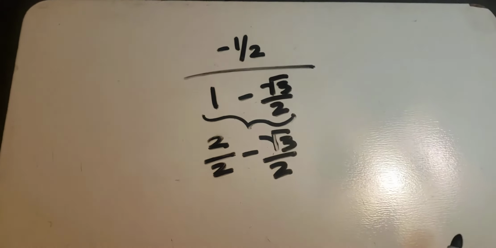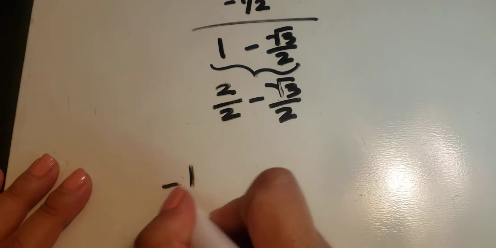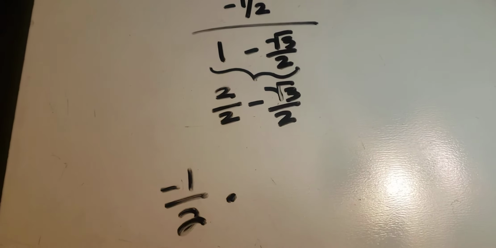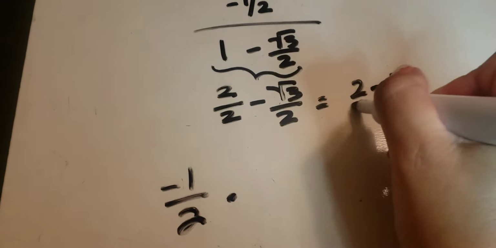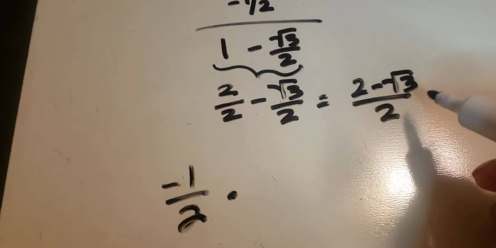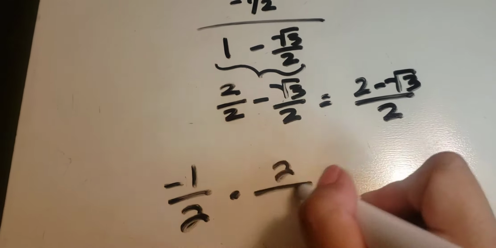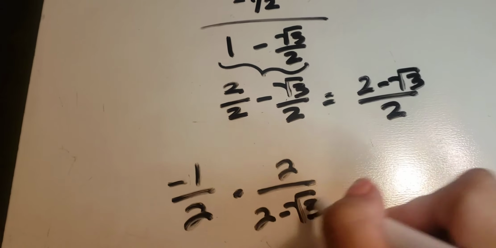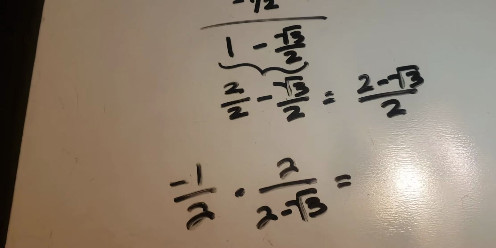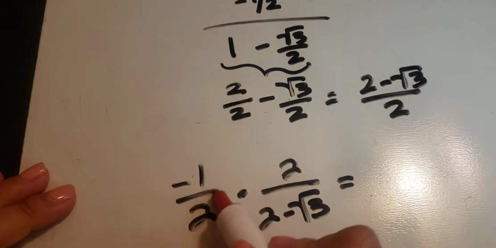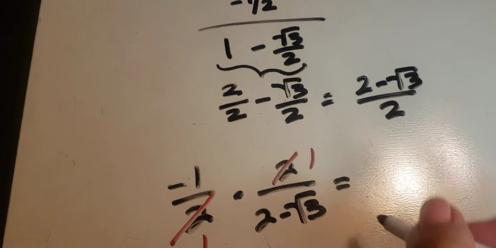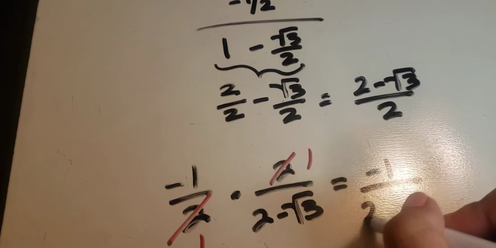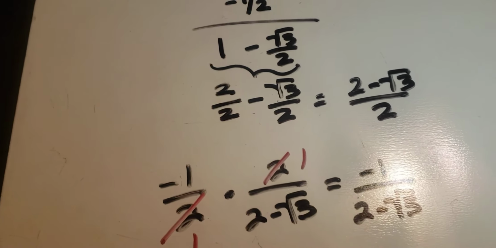So now we should have negative 1/2 times, and remember this is the same as 2 minus radical 3 over 2, so I should just write the reciprocal, 2 over 2 minus radical 3. And then of course, the 2's will cancel out, so this would just be 1. Now I have negative 1 over 2 minus radical 3.